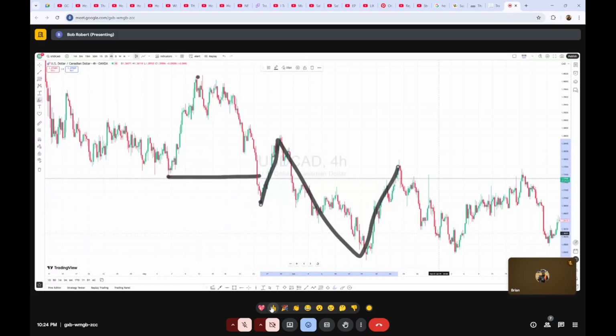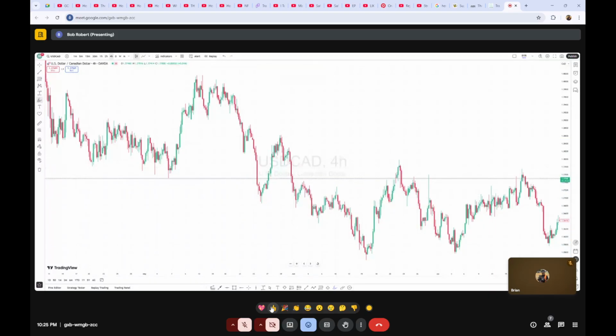So let's say you have come to the market and you find the market here, you are getting this correction and you have all these supply zones. So the first thing that you should do is just pull your fib from here like this.